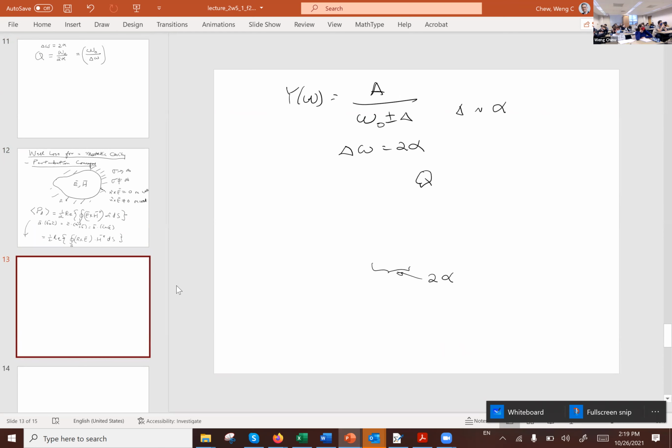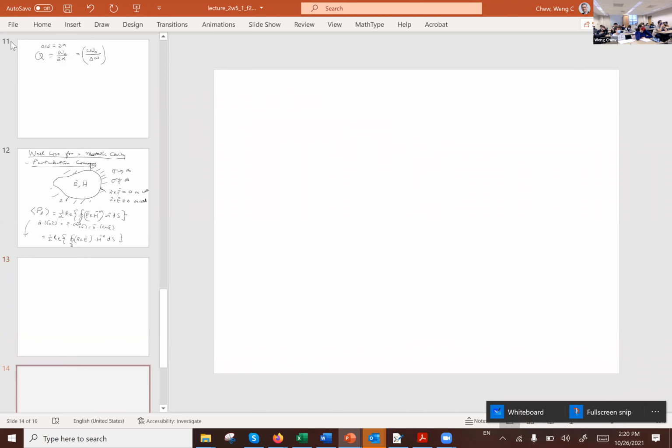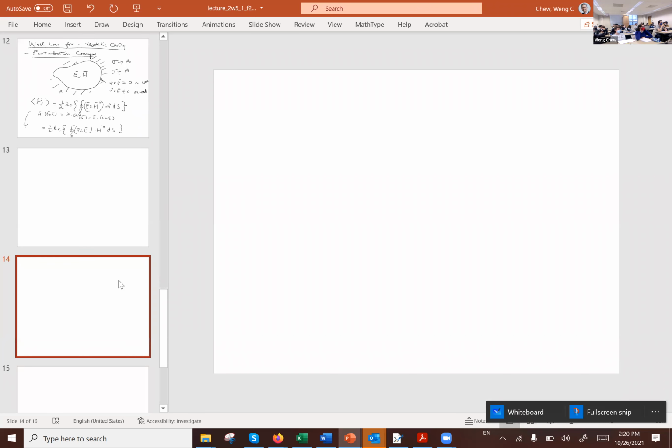So what we want to do is to estimate N cross E on the wall. Then we're done, right? So how do we estimate N cross E on the wall?